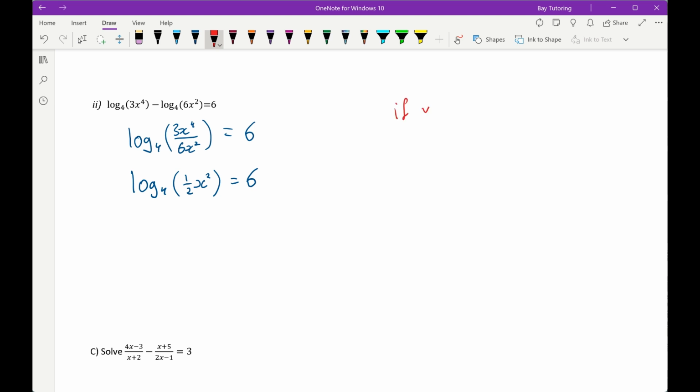So if y equals b to the power of x, then x equals log base b of y. So we've got the log form, we've got this form, but we want it like this, because as it is, we can't really do much with it. So again, it's just making sure everything matches into the correct spot.